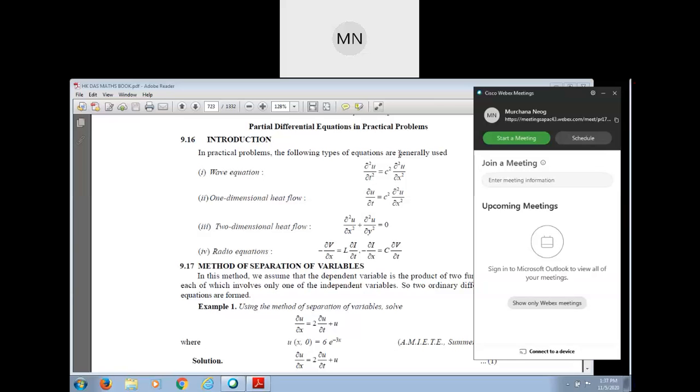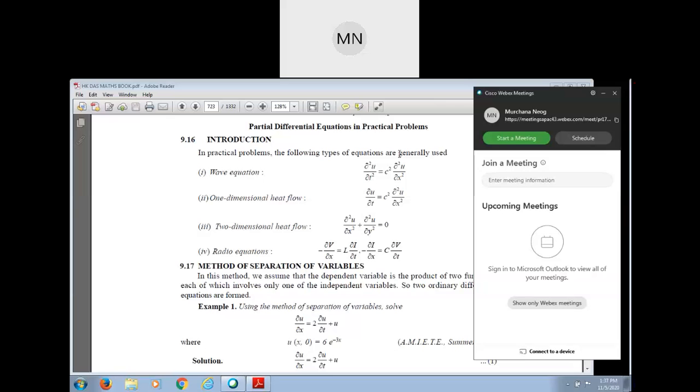Here we give some standard partial differential equations, known as the wave equation, heat equation, etc. These are some standard equations.